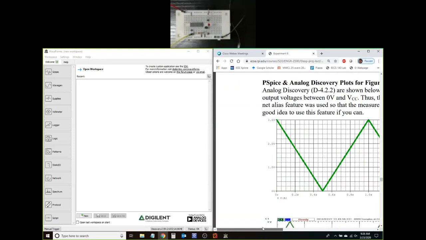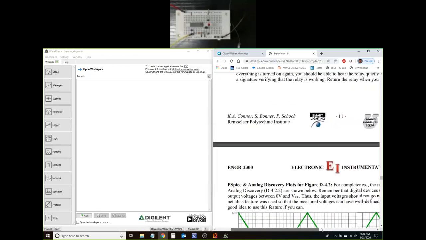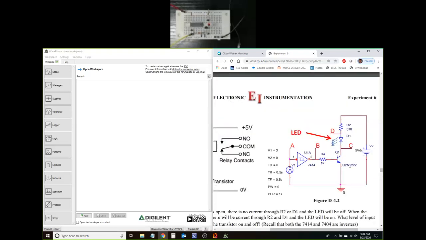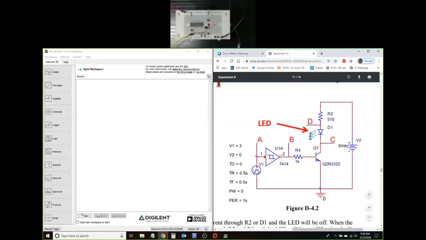The amplitude values are 0 volts all the way to 3 volts. That's what we are using for the input, and we are going to generate that using WaveGen on the Analog Discovery board. That is what V1 is over here. Pulse width is 0 seconds, delay is 0 seconds, and the rest we talked about already.